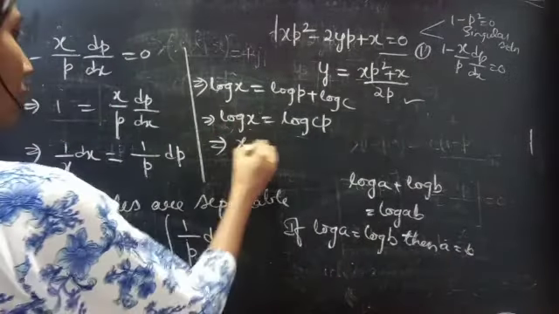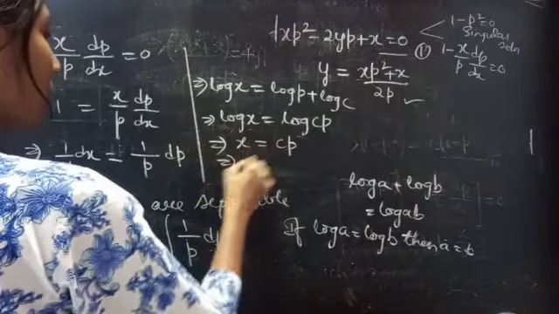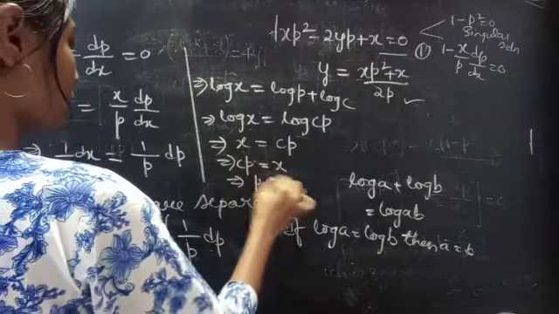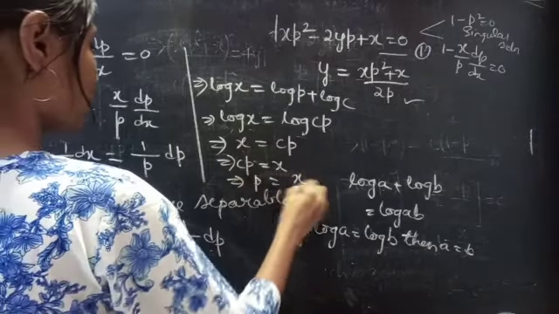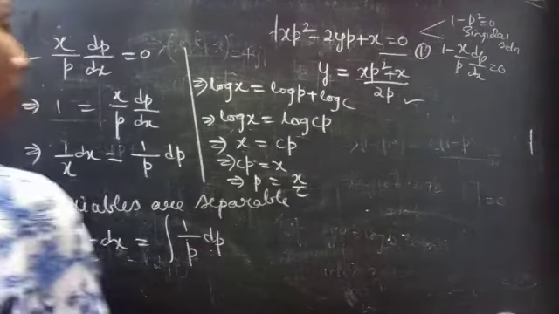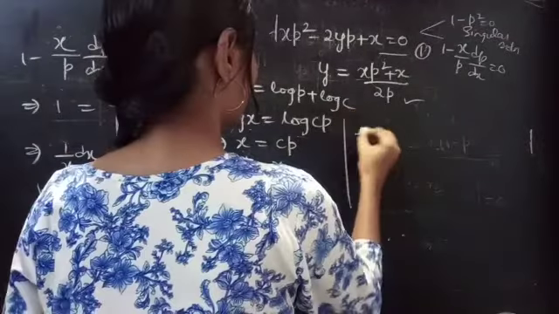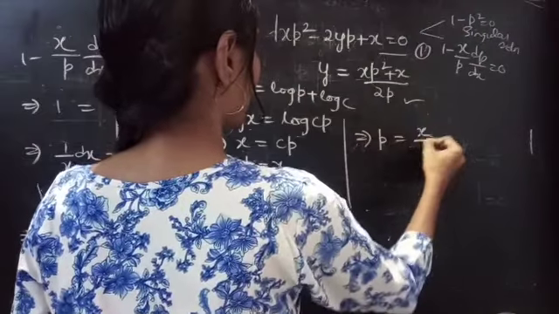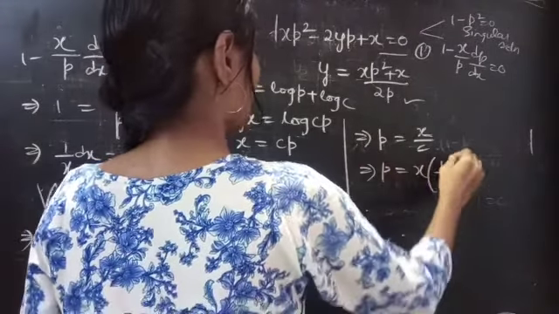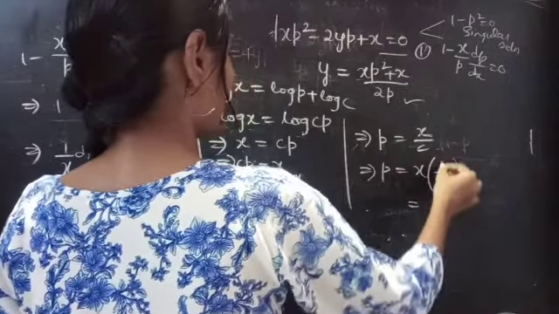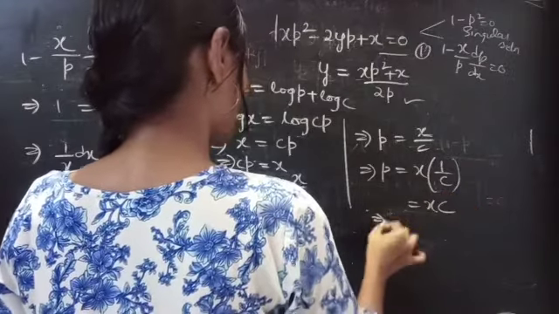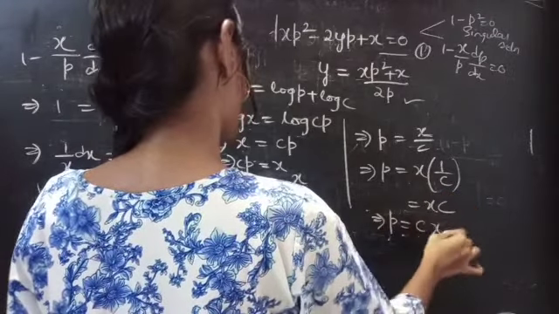From this we get x equals cp, then p equals x by c. You can also write this as p equals x into 1 by c. Since 1 by c is a constant, you can write 1 by c as c. Then you'll get p equals cx.